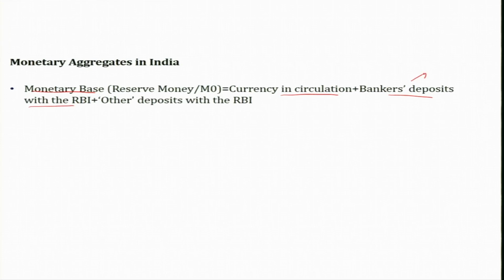This is nothing but the reserves that we talk about. So it is currency plus reserves plus other deposits with the RBI. That means the deposits by, for example, the Prime Minister, ex-PM, governors, etc. That also becomes part of the monetary base here. That is called M0. This is the M0 money supply definition, the monetary aggregates definition.